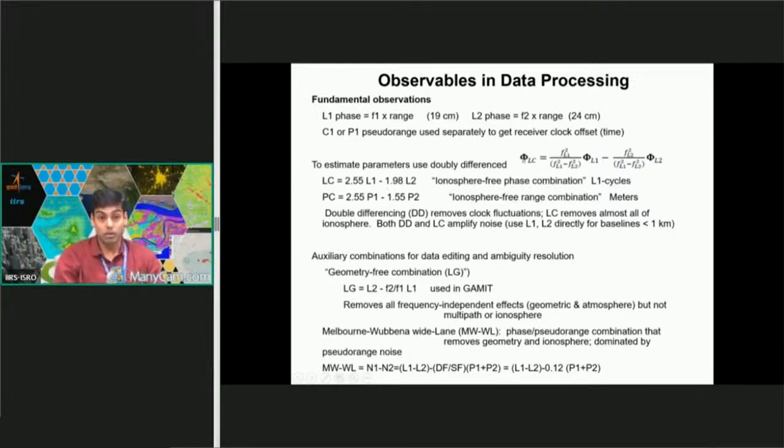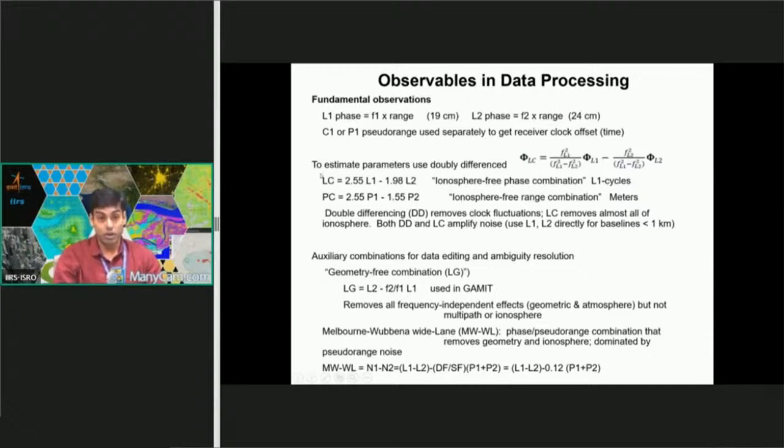So this is the formula. You can see this formula. This is F12, and this is FL1, this is FL2. So we have to use this formula for ionosphere, geometry and troposphere correction.